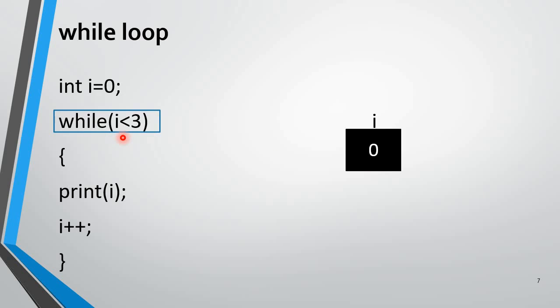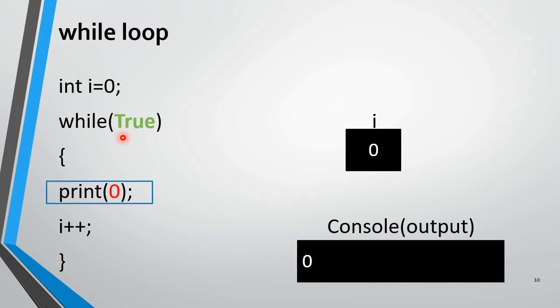So, if 0 is less than 3, then the loop will continue executing. Yes, it is true. As we know, 0 is always less than 3. That's why it enters into the loop and it prints the value of i, that is 0. After that, i will be incremented to the next value, that is 1. So, the new value of i is 1 now.